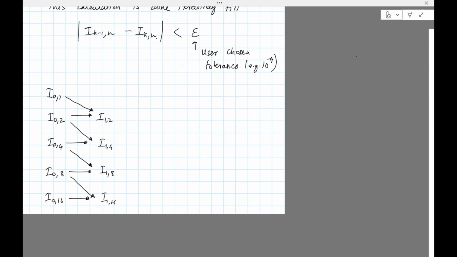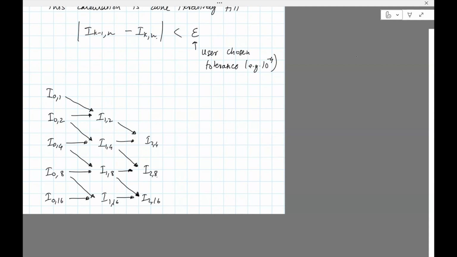Okay, if you're not happy with the accuracy or it doesn't converge, you can do this again for I2,4, which will use these two values, I2,8, these two values, I2,16.